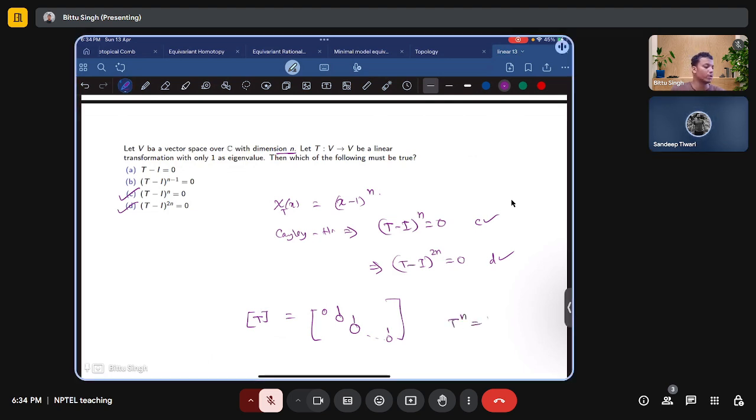Yes, 0. Though T to the power n equals 0, because the largest Jordan block is n by n, therefore T to the power n will be 0, but T to the power n minus 1 cannot be 0. It is easy to observe, right? So this is non-zero, and hence T is also non-zero. So those are false.